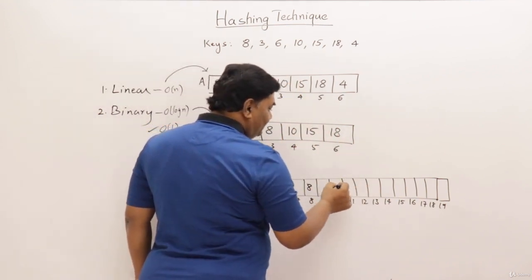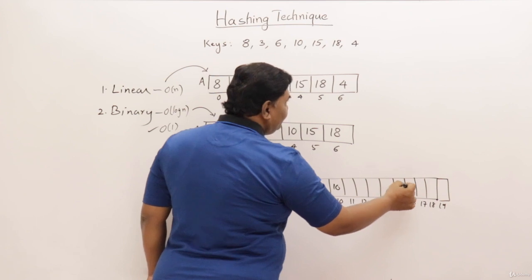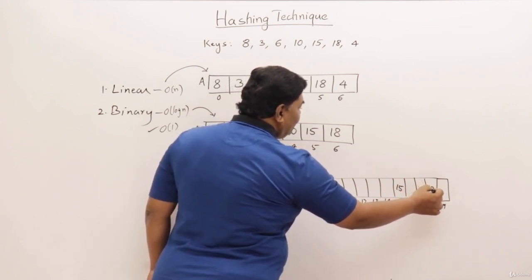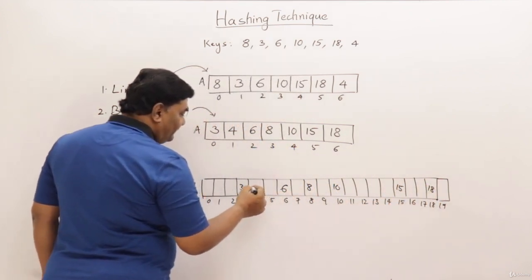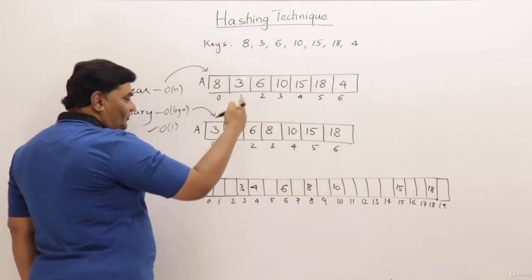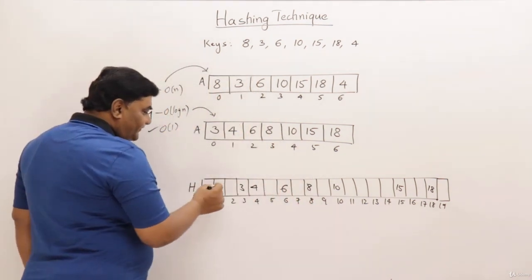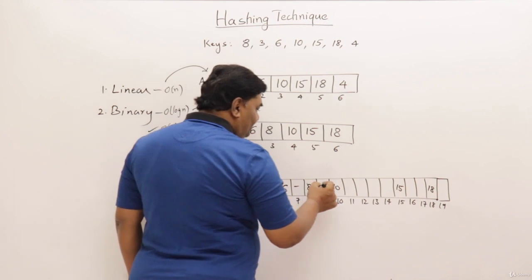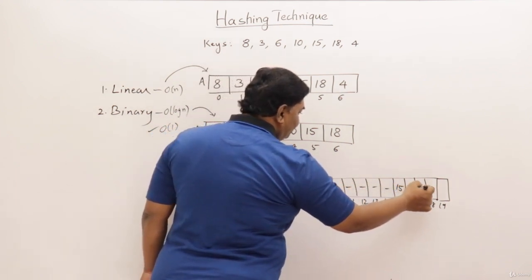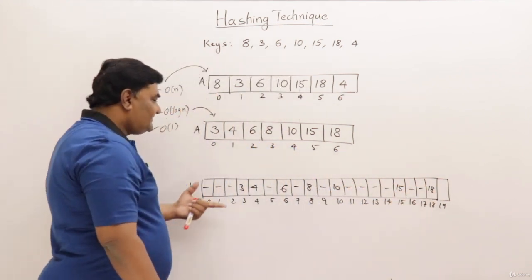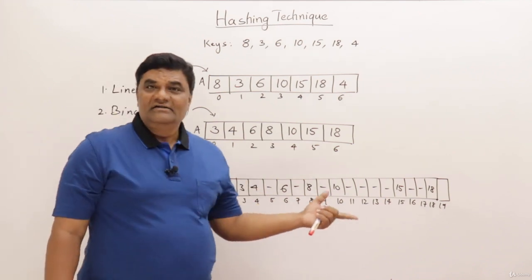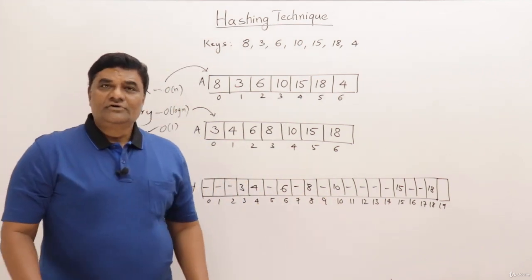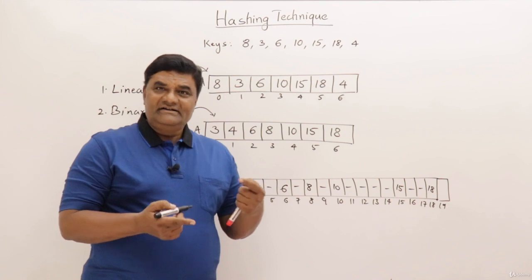Likewise 10, 15, 18 and 4. So each key is stored at the same index. The rest of the indices are empty, they are blank, they don't have any keys. You can put 0 or -1 there to show that keys are not there. So the key itself is made the index and it is stored there.